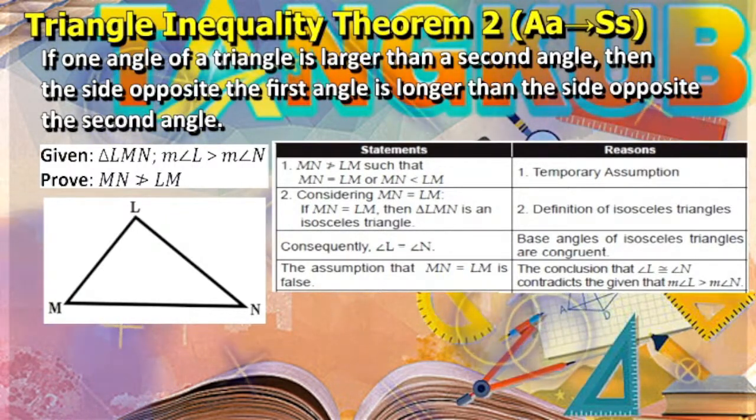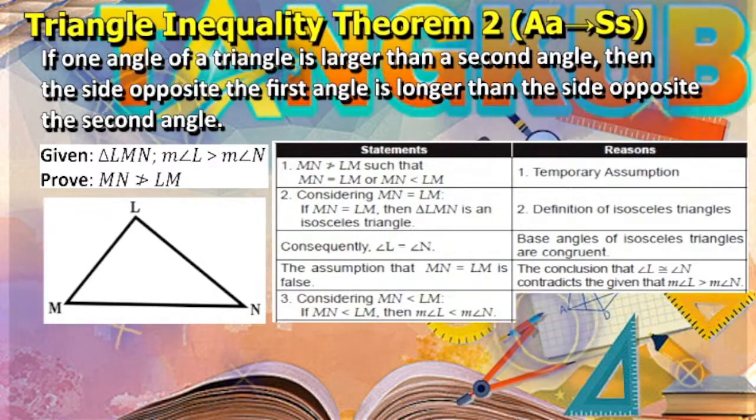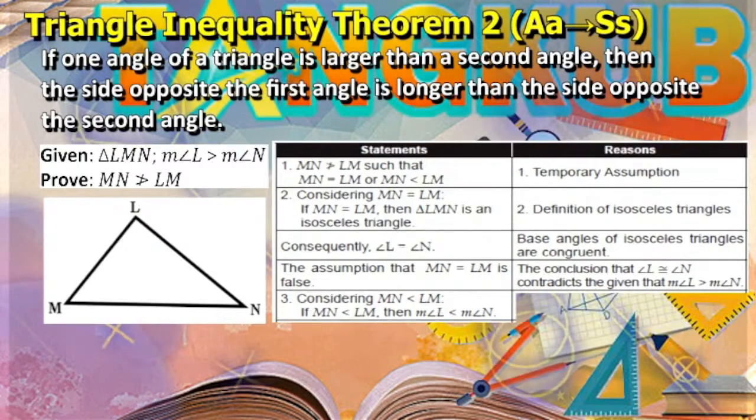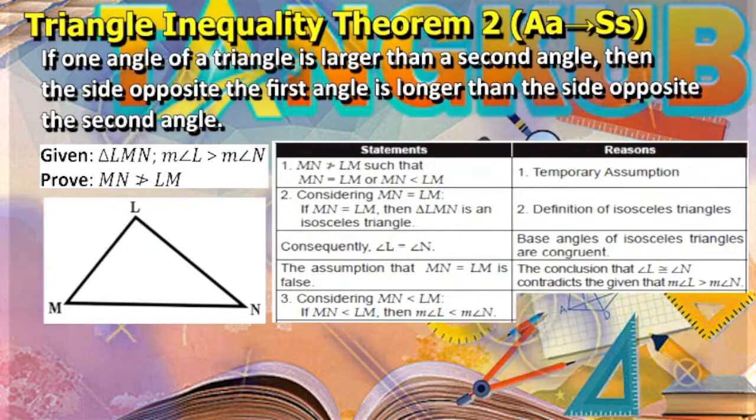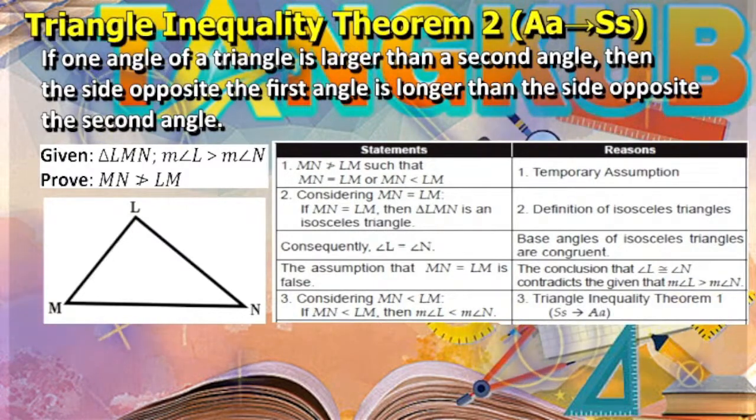Third statement, considering MN is less than LM. Now, if MN is less than LM, then measure of angle L is less than measure of angle N. Reason, triangle inequality theorem number 1.